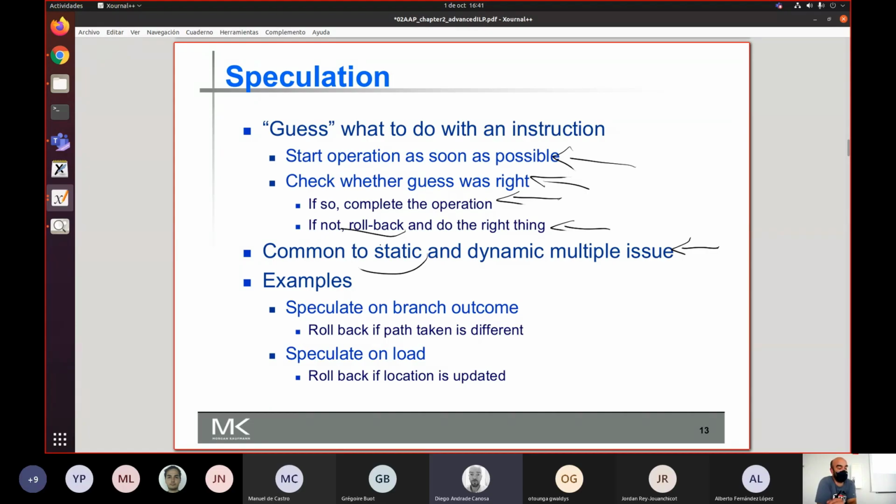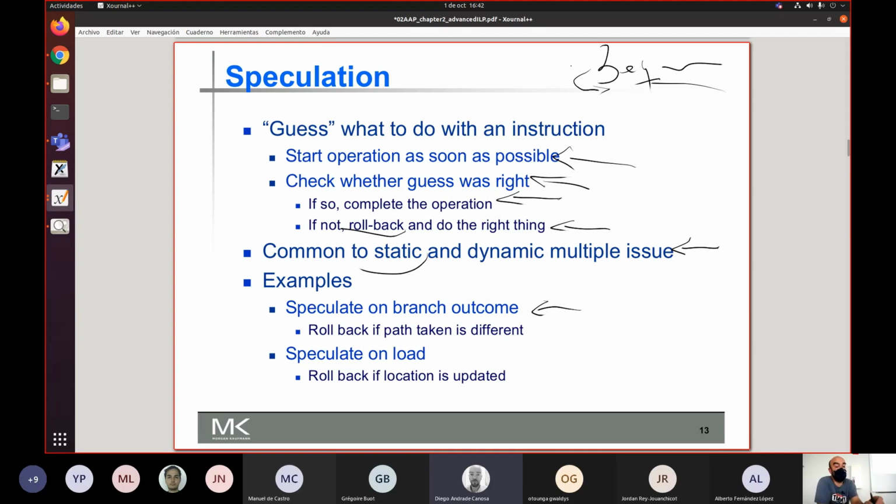When you arrive at a branch instruction in a code, you have several options. The first one is to wait until you know what happens with the branch, okay? Until we say the branch is decided. Because depending on the outcome of the branch, you are going to continue with the execution of the next instruction of the code, or you are going to jump somewhere else, okay? So waiting is not an option, okay?